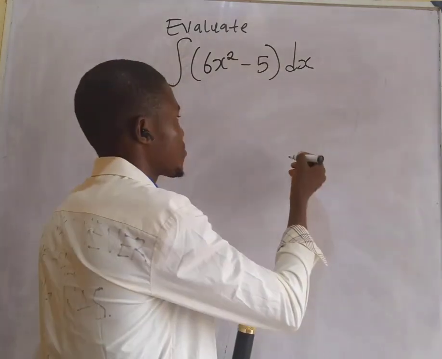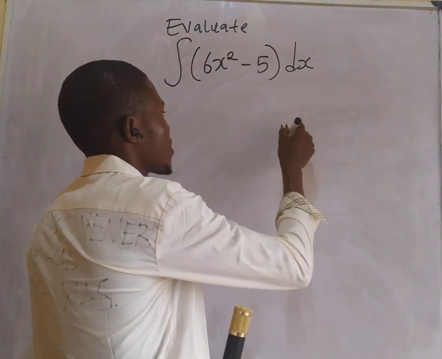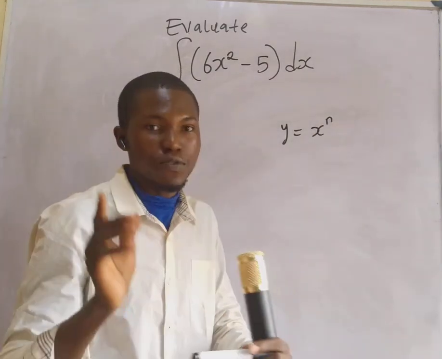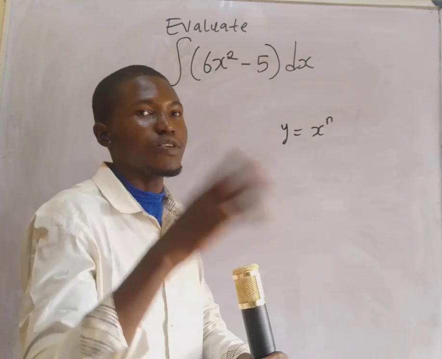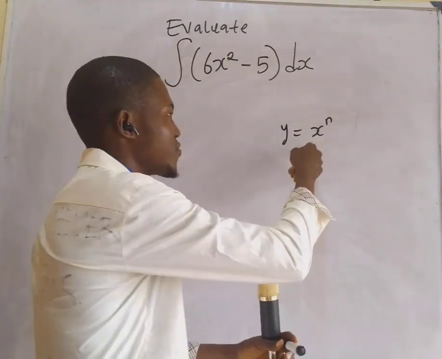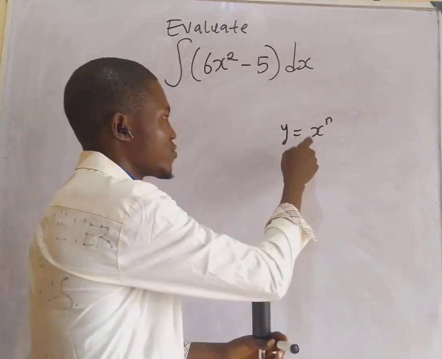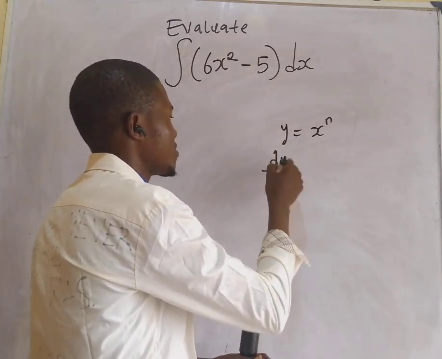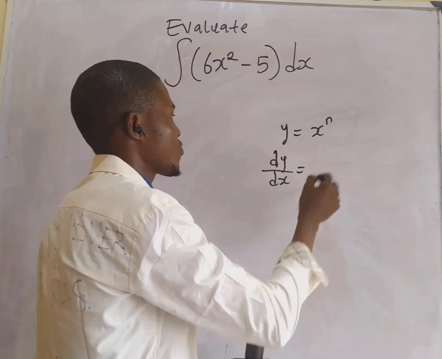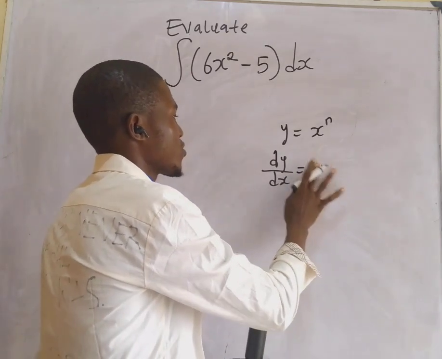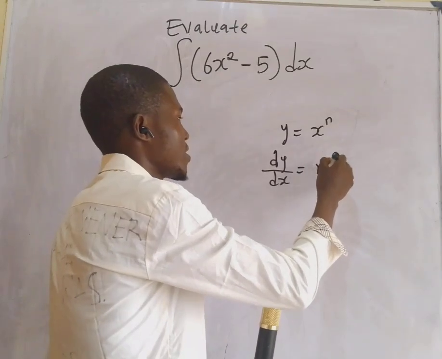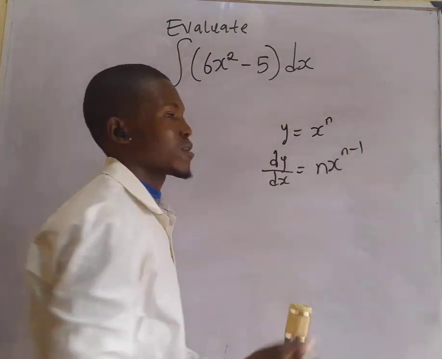Now let's say for example you have that y is equal to x to the power of n. Integration is very simple. It is the opposite of what you do in differentiation. Now if you differentiate this, you have dy over dx is equal to n x to the power of n minus 1.